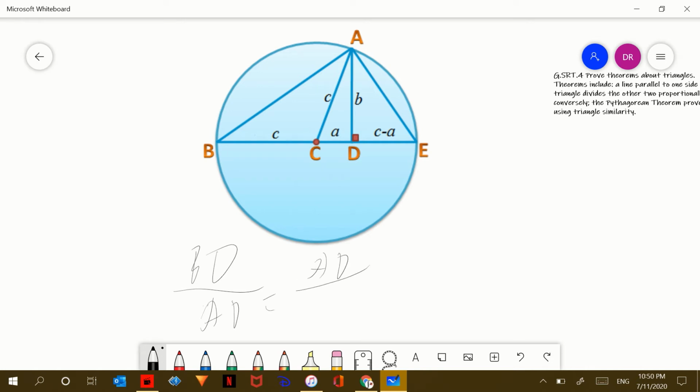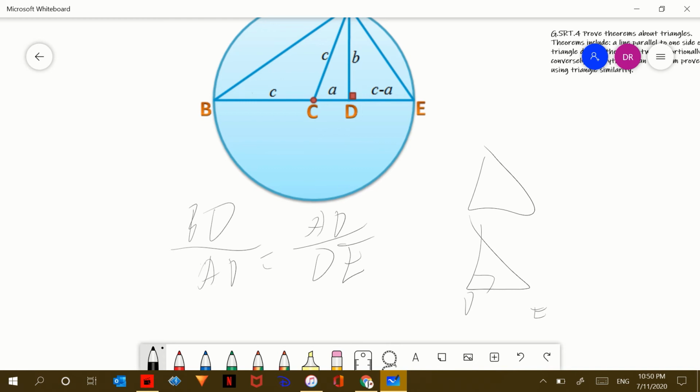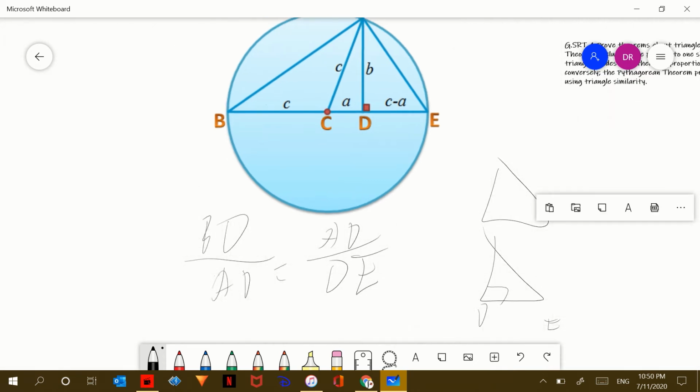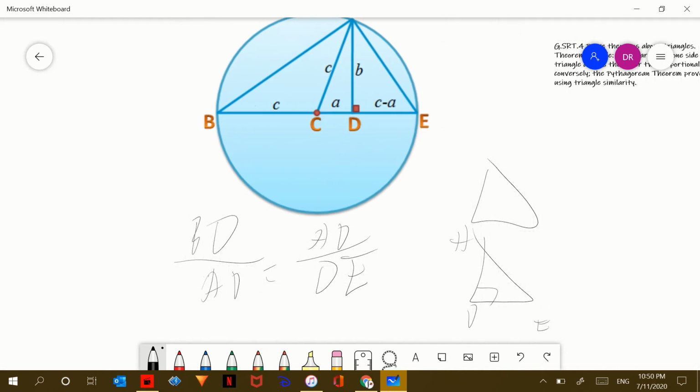Because as we can see, this is DE, and this is A. Now this would be B because you flipped it, and this would be A, and this would be D. So these would both be right angles. You also know that when you have a bisector coming straight down, these two triangles are similar.